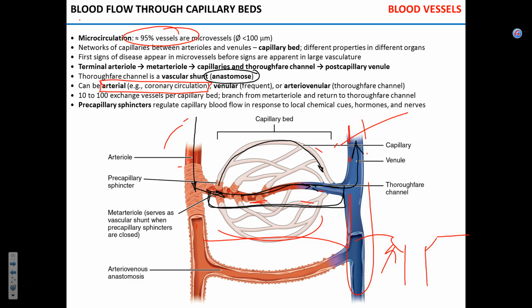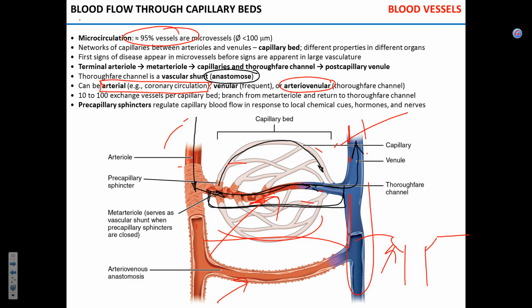Okay? They can be venous. Median cubital vein is a typical anastomosis. And they can be arteriovenular anastomosis, like this one, or this one. So anastomosis provide an extra collateral path for the blood flow. Now, a single capillary bed can encompass from 10 to 100 individual capillaries.